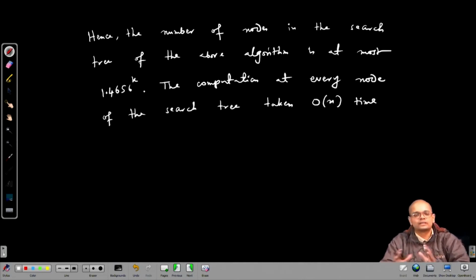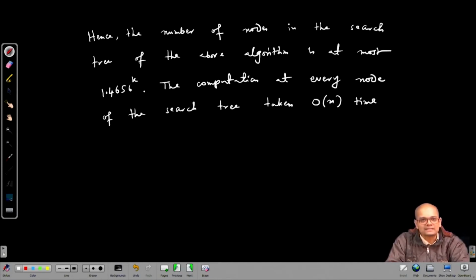Even for the base case, when the max degree is at most 2, finding the minimum vertex cover takes order n plus m time. You simply need to iterate over all the edges, but the number of edges is at most 2 times the number of vertices, because the degree is at most 2. It's basically like the same number of vertices, because sum of degree is twice the number of edges. So the number of edges is at most the number of vertices in that case.